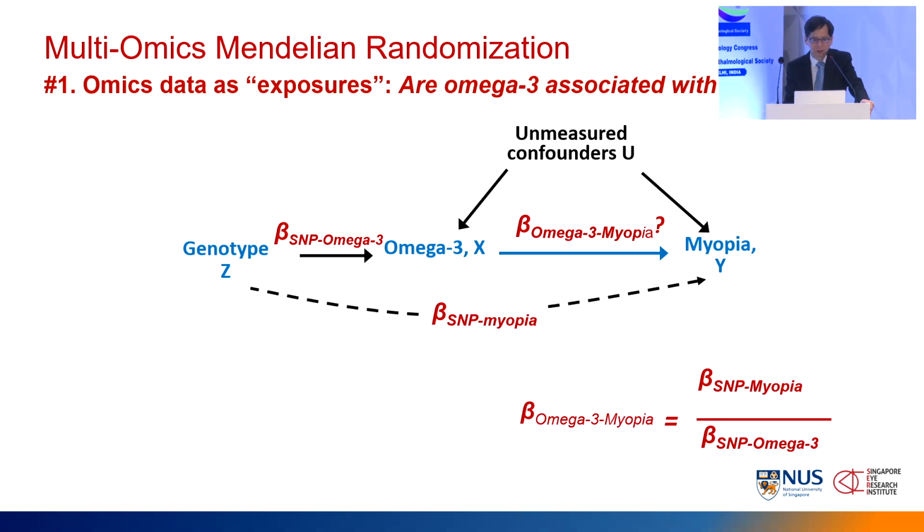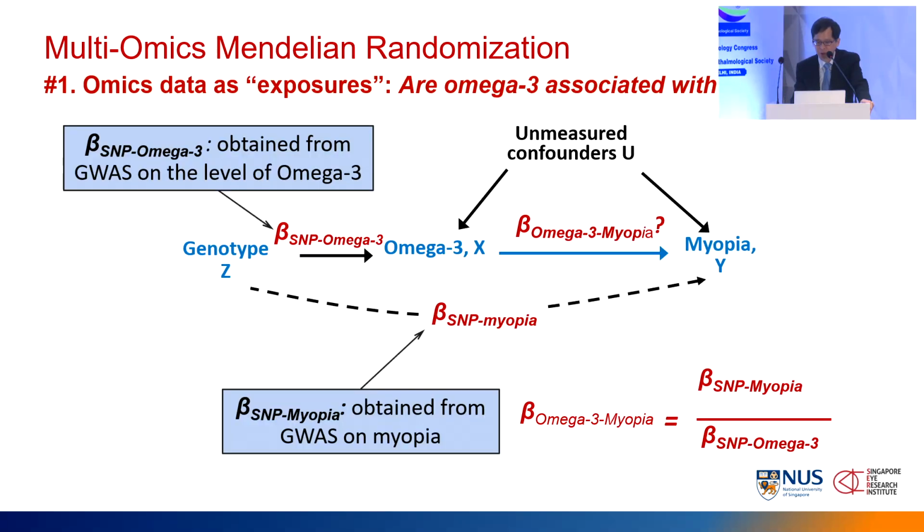So if we want to look at the causal association between omega-3 and myopia, we just need a list of genetic SNPs that are associated with omega-3, and the same SNPs' association with myopia. By using the equation shown here, we can estimate an unbiased effect between omega-3 and myopia.